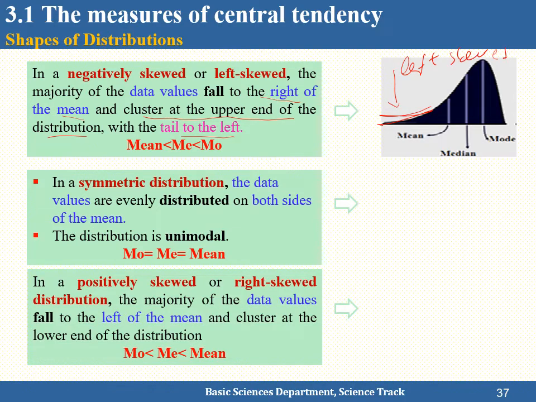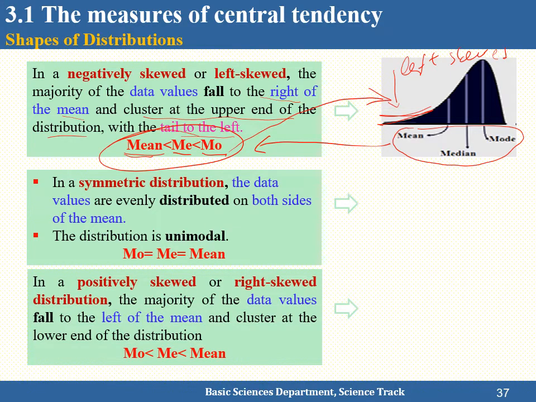The general ordering is this: the mean is less than the median, and the median is less than the mode. So if you have this case, most likely your frequency graph will look like this.